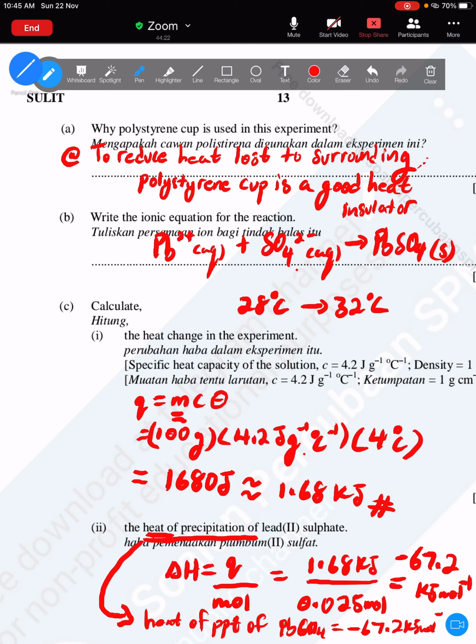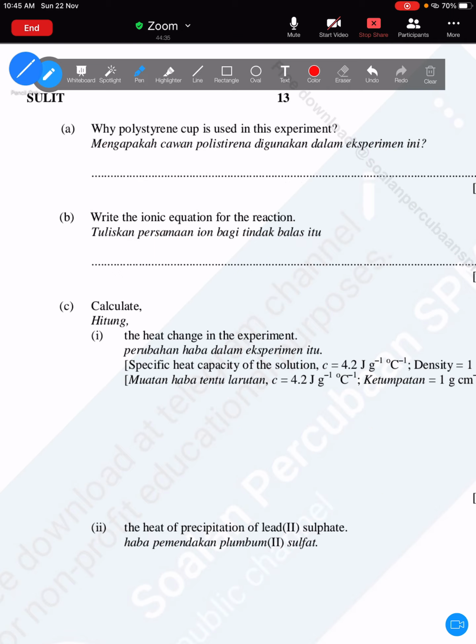Done? Okay, I'm going to continue to the next page.